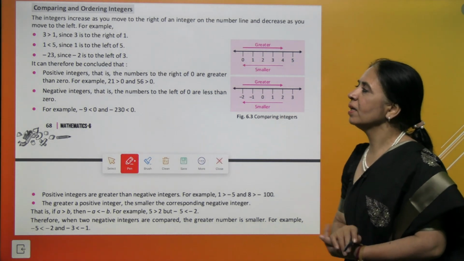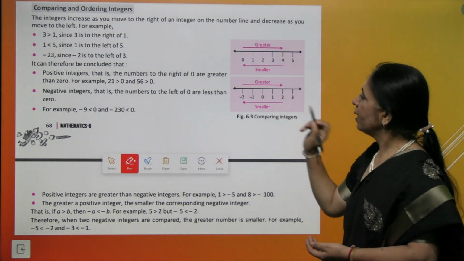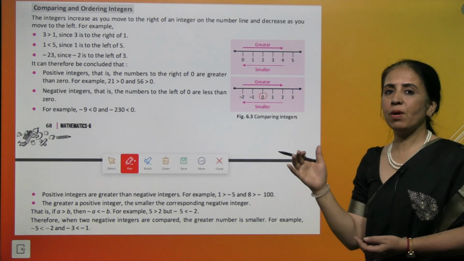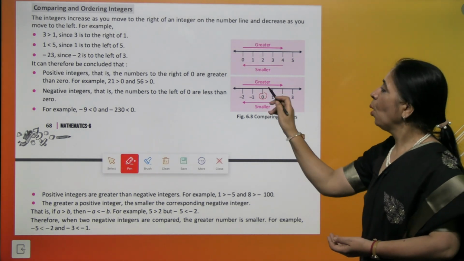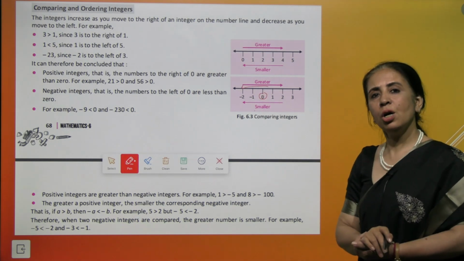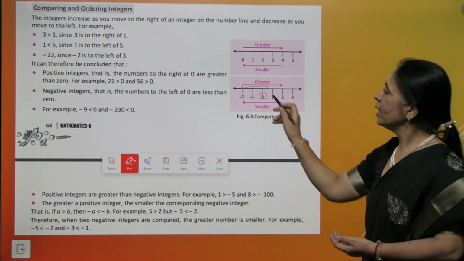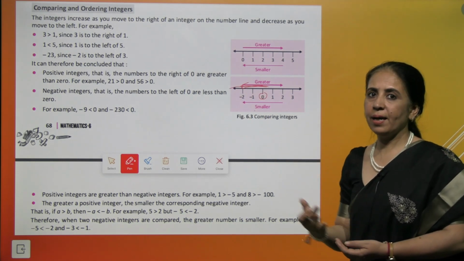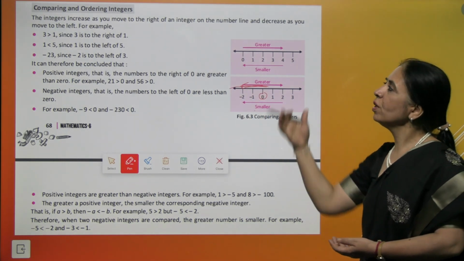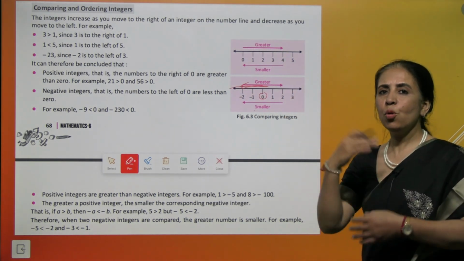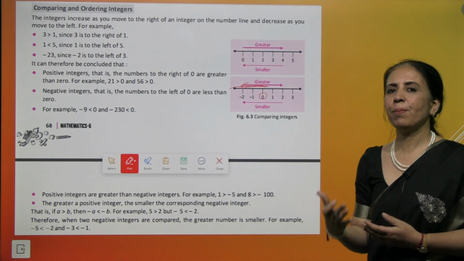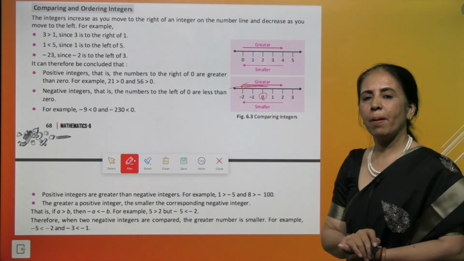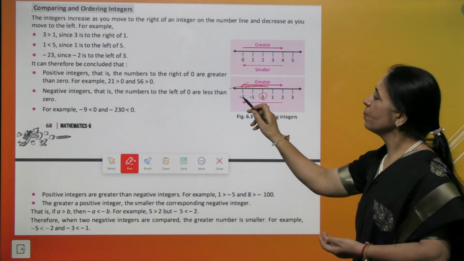And after this we say that 0 को हम लेते हैं. 0 से पॉजिटिव नंबर्स हमेशा बड़े होंगे और नेगेटिव नंबर्स हमेशा छोटे होंगे. गॉट इट? तो जैसे जैसे आप ऑब्जर्व करेंगे 0 के लेफ्ट में मूव कर रहे हैं, सारे नेगेटिव नंबर्स आएंगे. तो जो फर्स्ट रूल हमने पढ़ा था, more you move towards left the number becomes smaller. इसका मतलब अगर आप 0 और -2 को कंपेयर कर रहे हैं, so 0 is bigger.